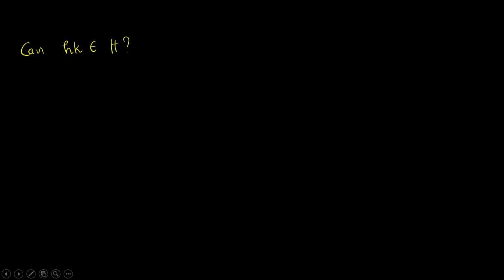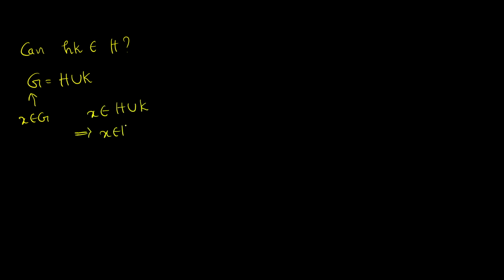Now why are we bothered about this? We know that group G is written as H union K. So take any element X in G, then X has to be in H union K. That means X has to be either in H or in K. It has to be in one of them, right? So if we prove that X is in H, then we are done.